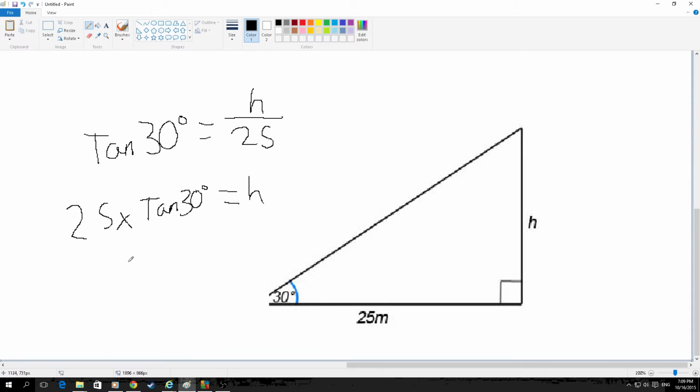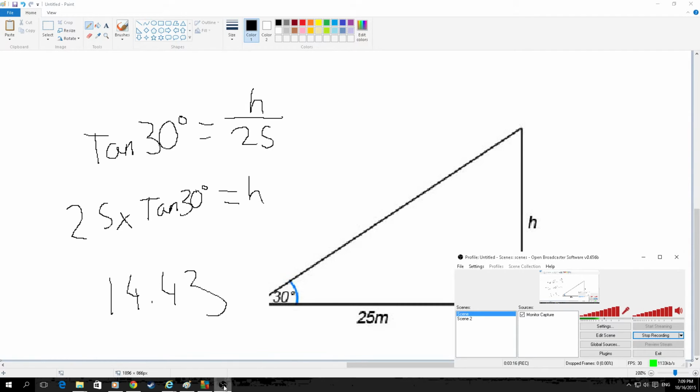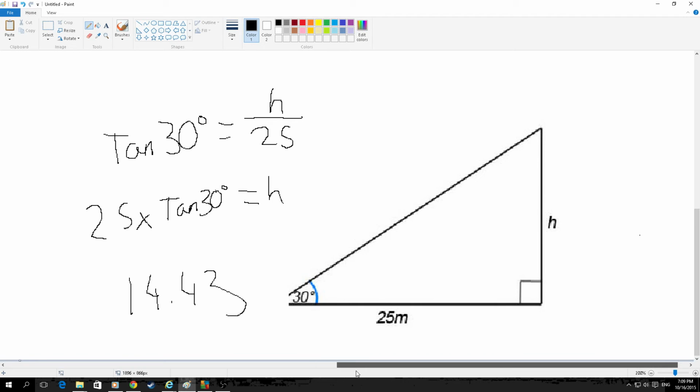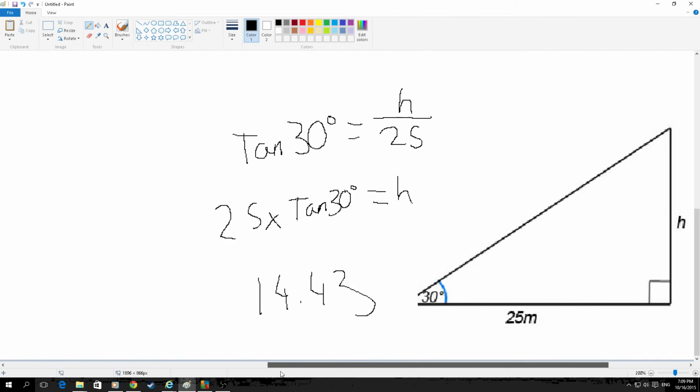So the answer is 14.43. Yeah, and that's to work out the side.